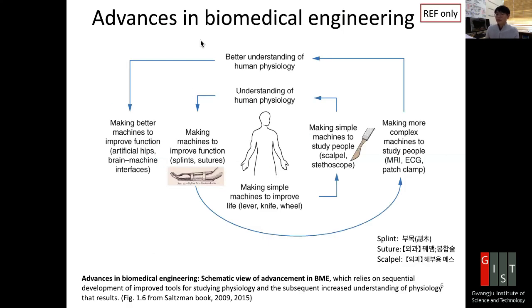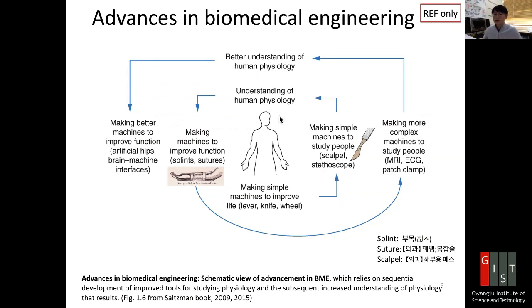So the progress of advances in biomedical engineering, let's think of it throughout history. In the ancient period, human beings made simple machines to improve life, for example, the lever, knife, and wheel. With simple machines, we started to be able to study people, for example, the scalpel, surgical knife, and stethoscope, which can listen to sound information from the body.